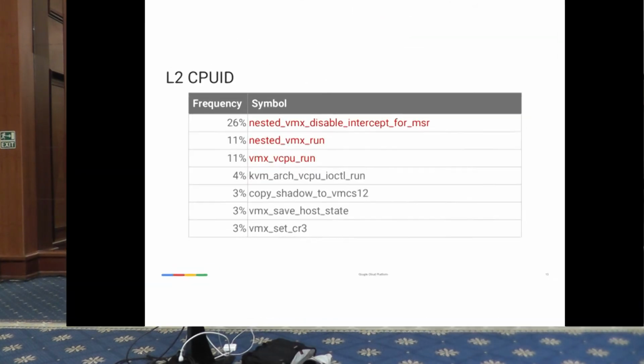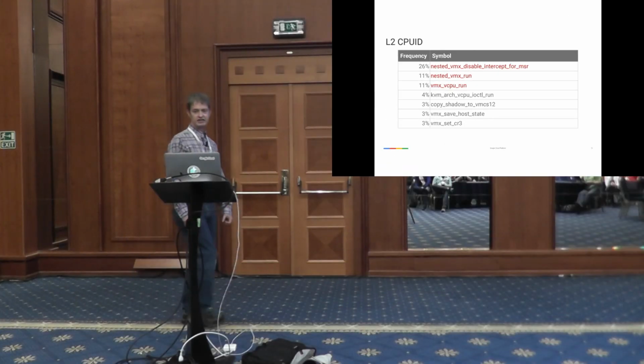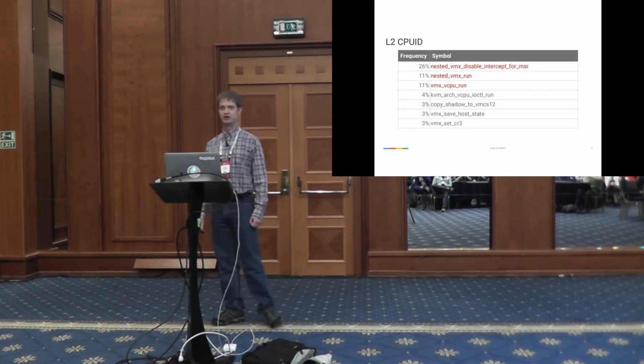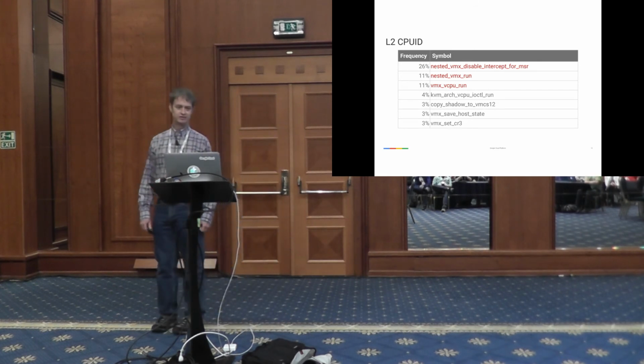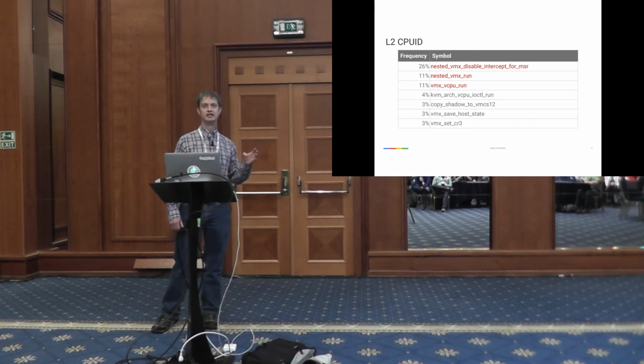On the CPUID benchmark, we can see the top hit here is nested VMX disable intercept for MSR. The next two you might kind of expect. Nested VMX run is the function that essentially handles emulating VM entry from L1 to L2.